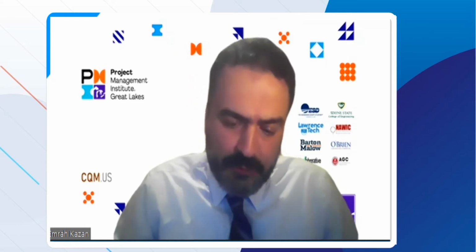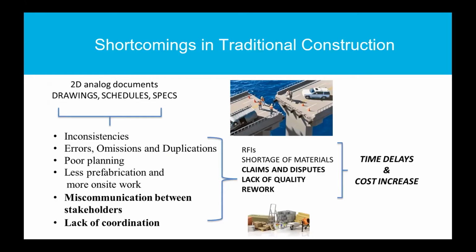So if you take a look at the shortcomings, what's wrong with construction right now, and why are we still discussing building information modeling? For hundreds of years, since computers were introduced to our industry, it has been two-dimensional: just papers, lines, and shapes.